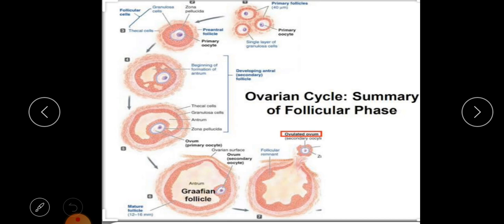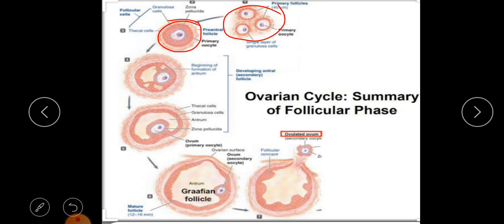Here I will repeat once again a few points about all this follicle cell development. Here you can see the primary follicle cells, and later the primary follicle cell is going to develop, forming a thin layer surrounding it, that is, the granulosa cells are going to form.